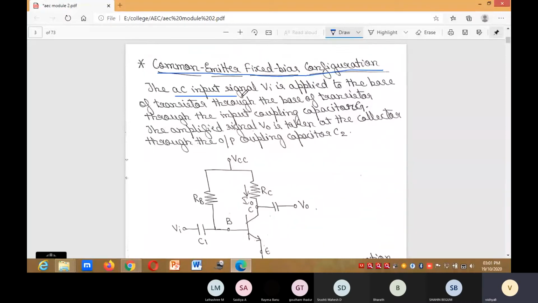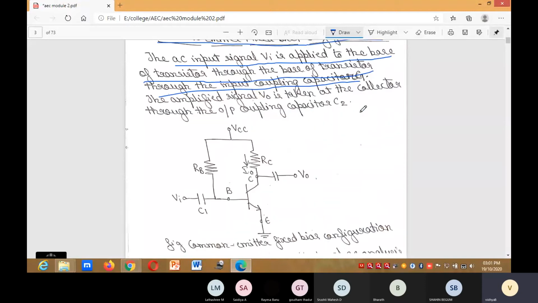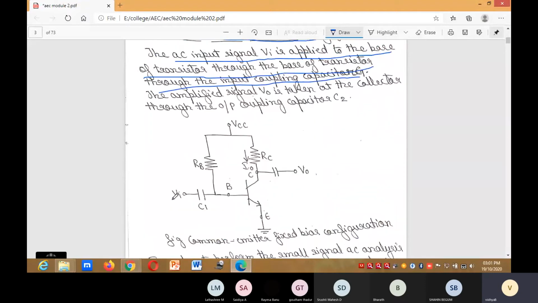The AC input signal Vi is applied to the base of the transistor through the input coupling capacitor C1.